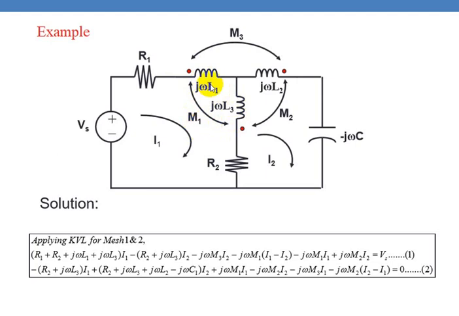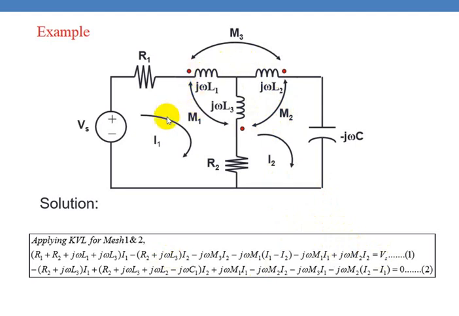Then coming to this, here there is one mutual inductance, M2. So for this it will be j omega M2 into I2, because this mutual inductance is because of the current in this coil, I2. This will be equal to Vs.